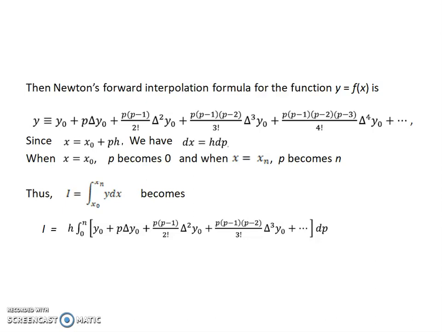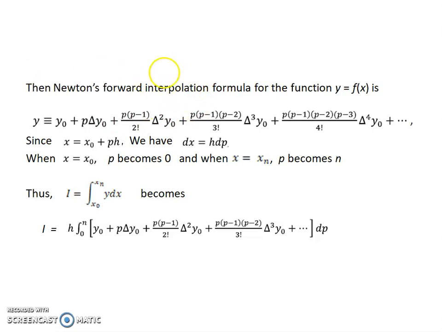We can use the forward difference operator to find Newton's forward interpolation formula, which is given here. y is equal to y0 plus p del y0 plus p(p minus 1) divided by factorial 2 del square y0 plus p(p minus 1)(p minus 2) divided by factorial 3 del cube y0, like this. Here del y0 is nothing but the forward difference, y1 minus y0.